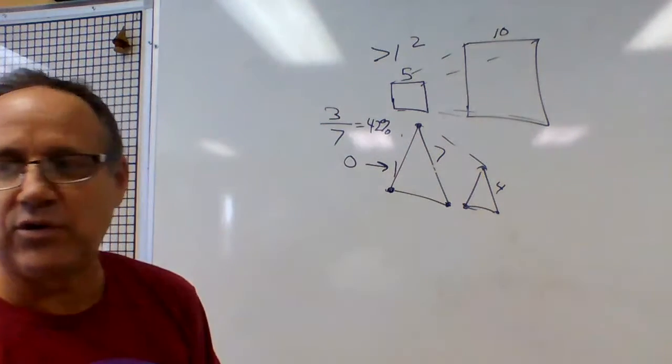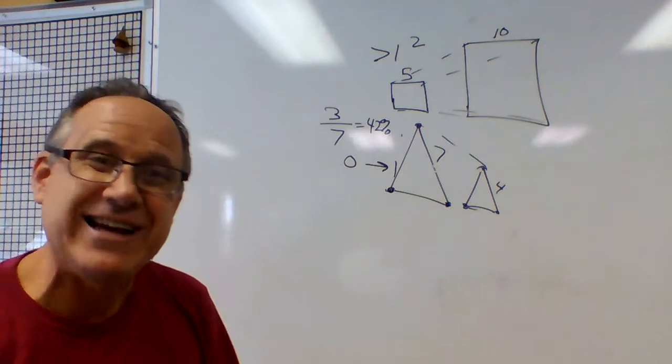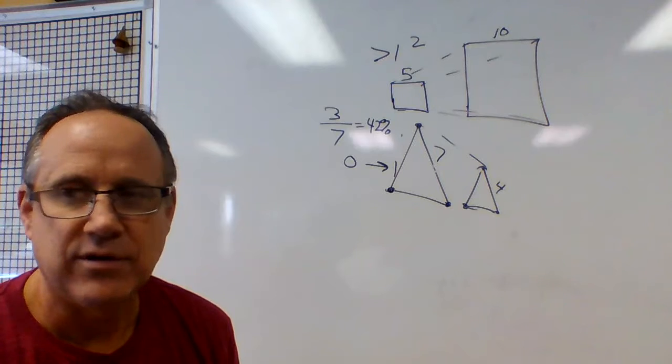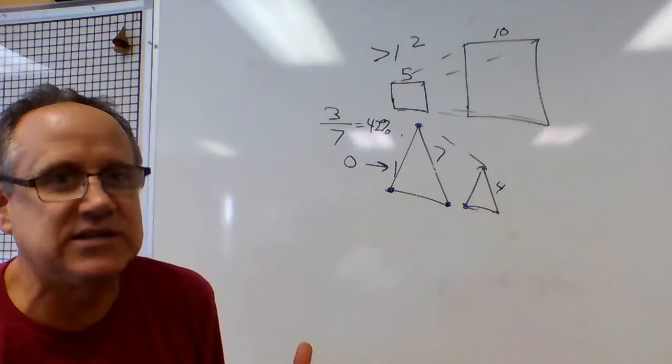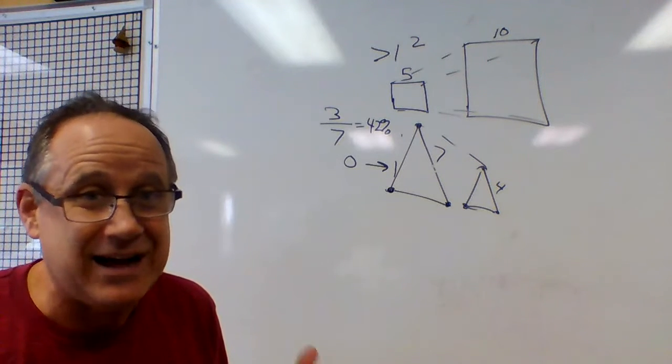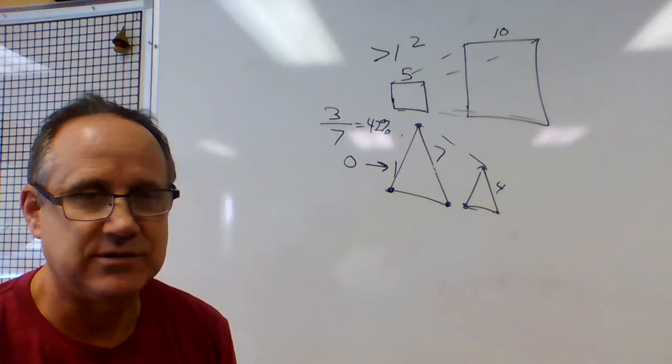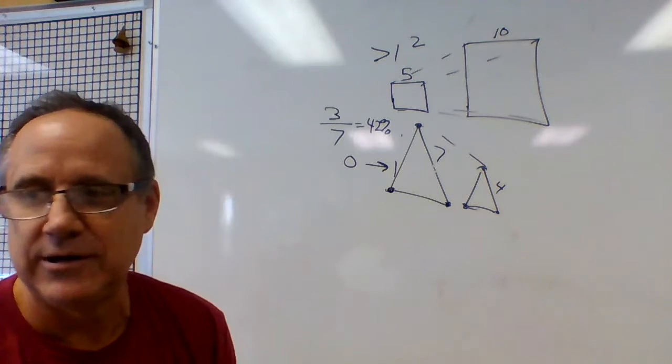Each side needs to be the same proportion. If it's not, then it's not an actual similarity transformation. It will have changed, but it won't be similar.